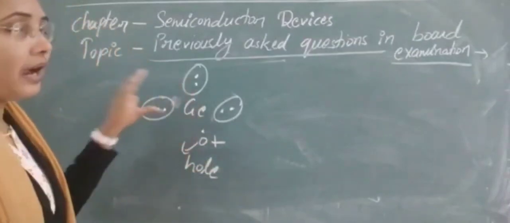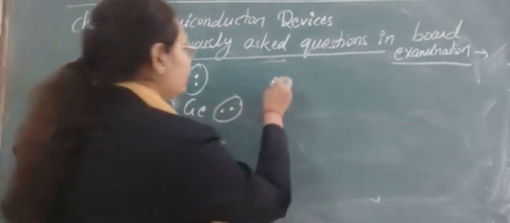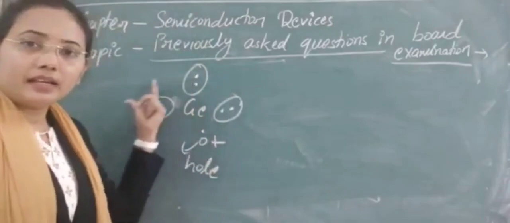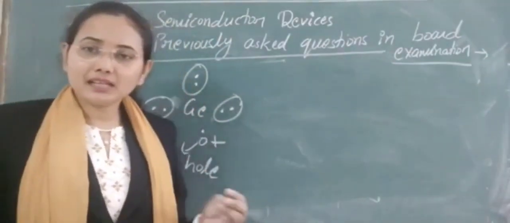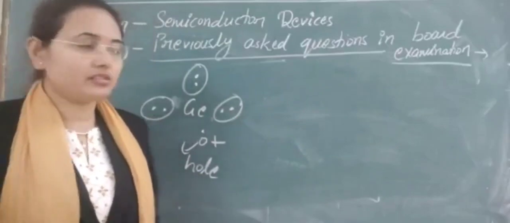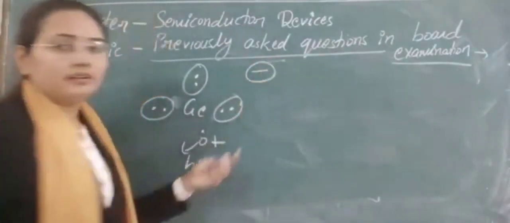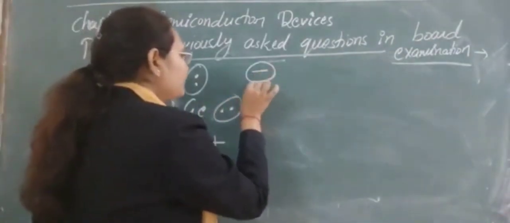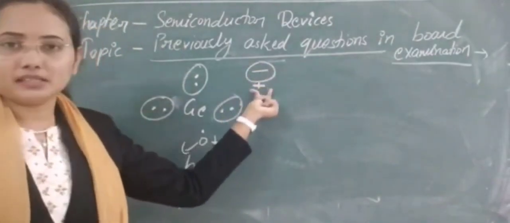So if you have to represent it with the symbol, I just told you whenever this vacancy is here, then as a whole this atom is called an acceptor atom, as it has a tendency to accept electrons, and an acceptor atom is represented this way. With this acceptor atom, a hole is associated as a whole, so we can represent the whole system like this.